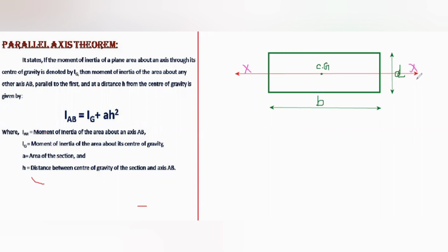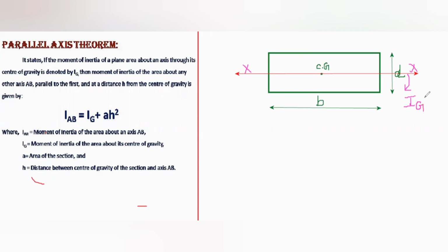Actually, we know the moment of inertia with respect to the x axis or the horizontal axis which passes through the center of gravity, that we are going to consider as Ig.